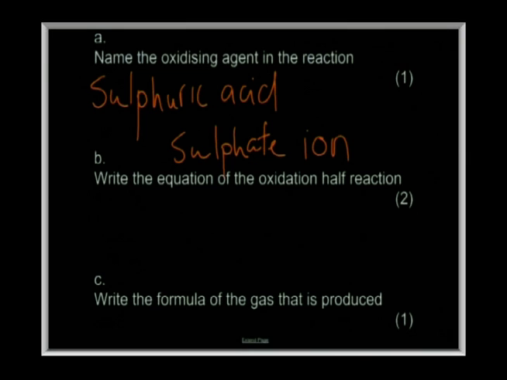Right. Now, what's going to happen is that copper is going to turn into copper 2 plus plus 2 electrons. How did I know that copper is going to be the one that's oxidized?